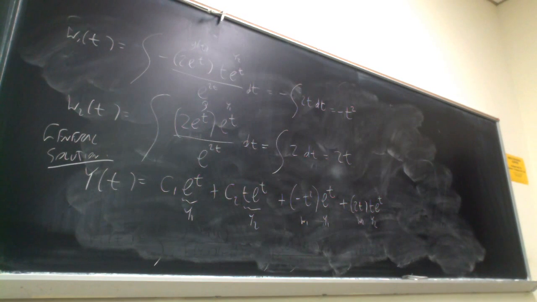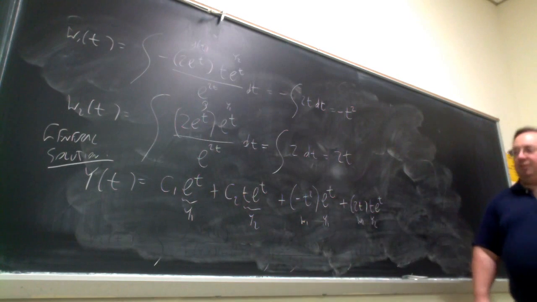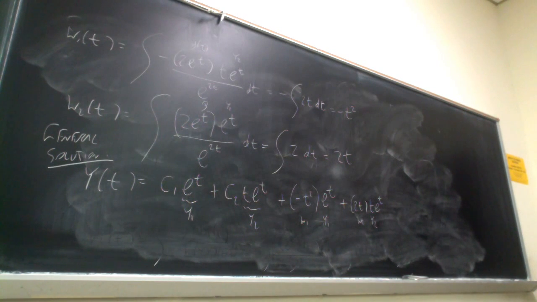Okay, so at this point, for instance, if this was a test, you could stop, in the case where there are no initial conditions, because I would not require you to simplify this.